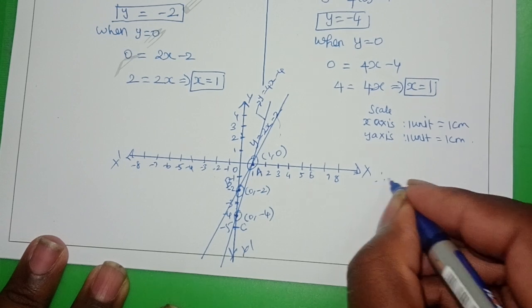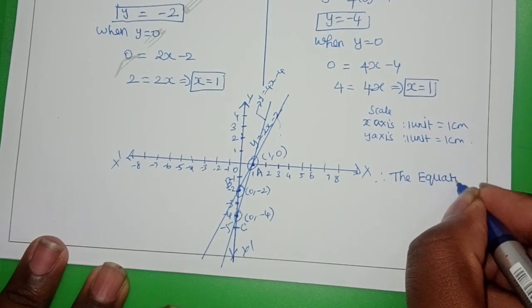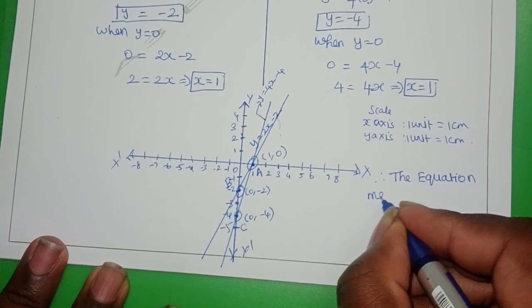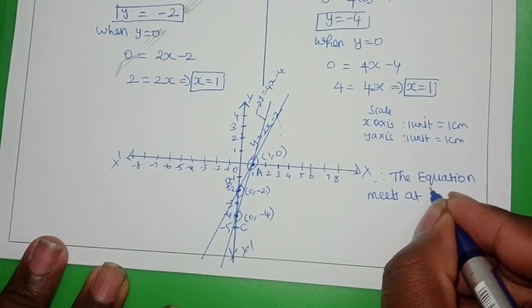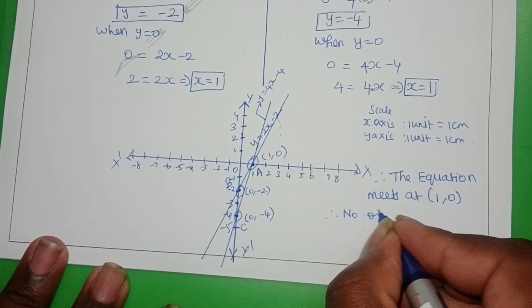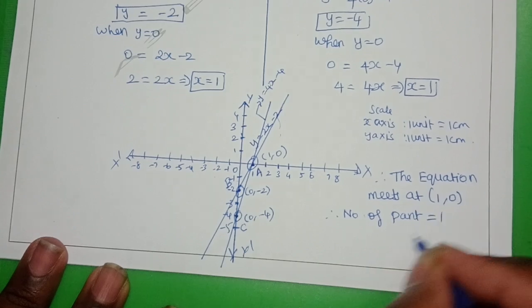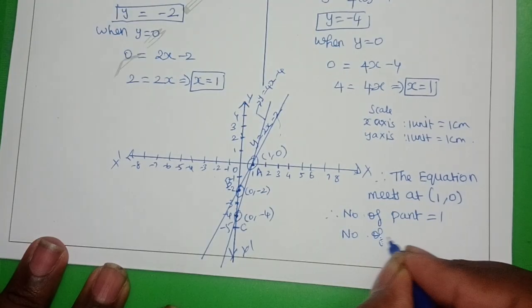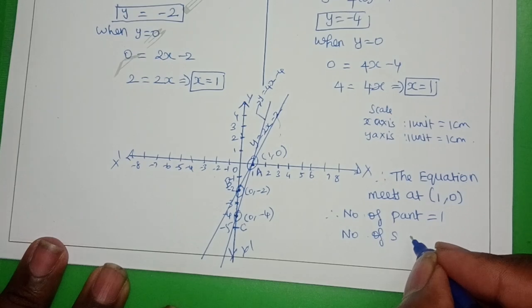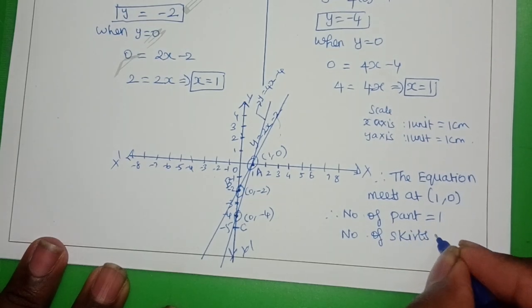Therefore, the equations meet at 1 comma 0. Therefore, the number of pants, which is x, is equal to 1, and the number of skirts is equal to 0.